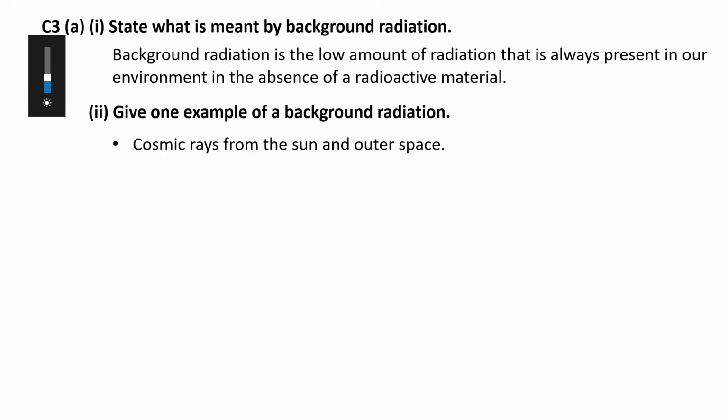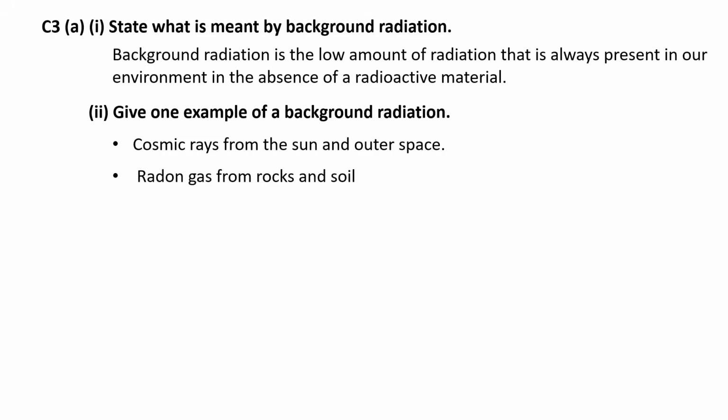Then another source or example is radon gas from rocks and the soil. Rocks and soil also release background radiation, and one of the atoms that is there is actually radon.